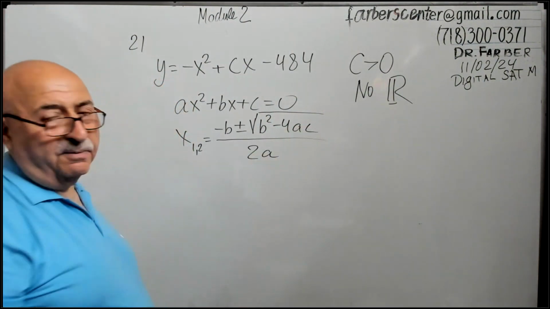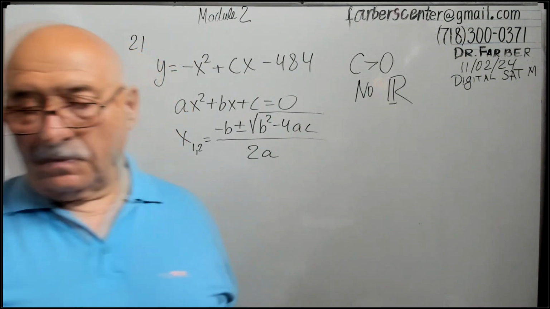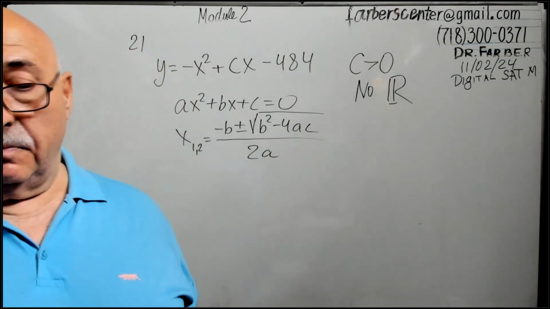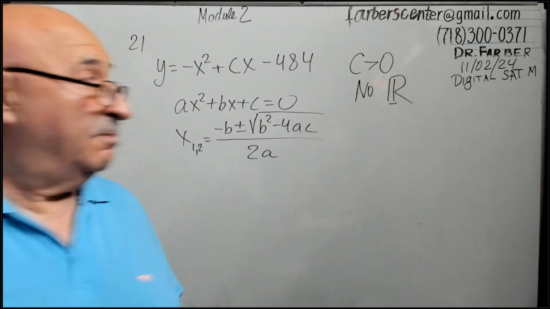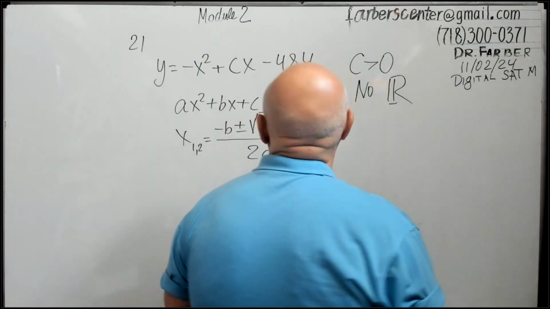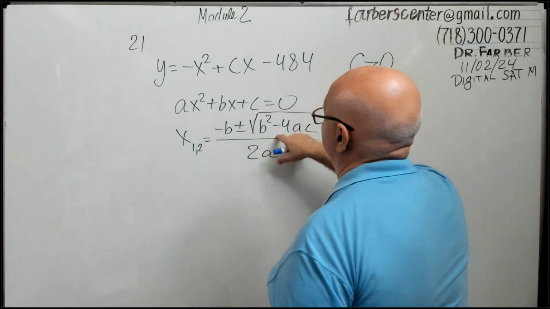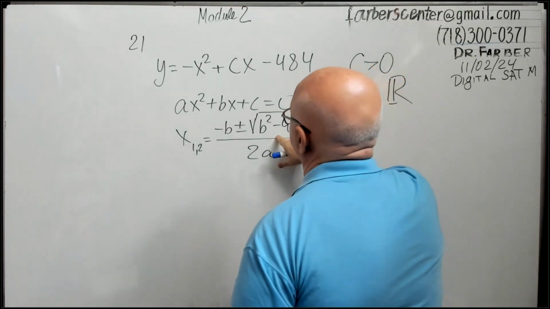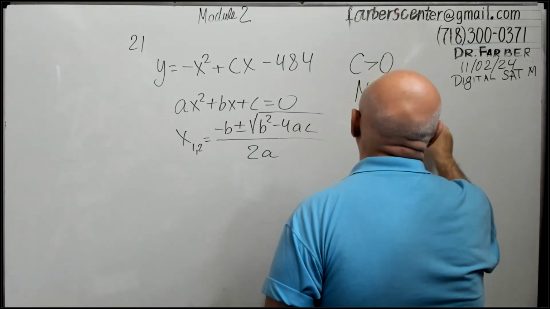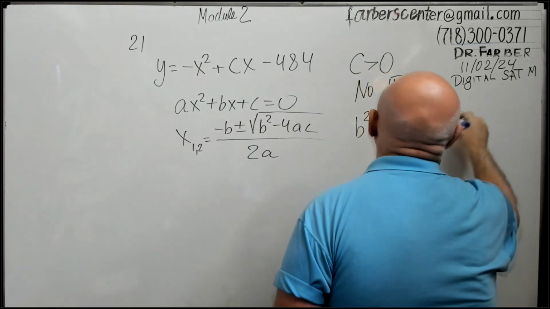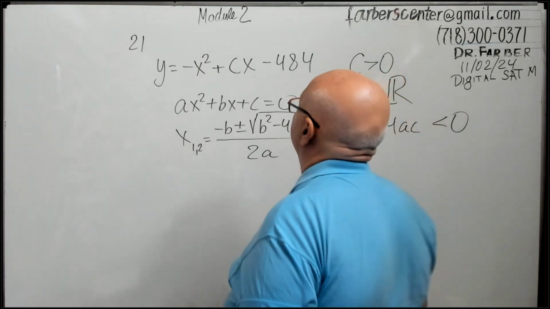Everybody knows, right? Come on, discriminant, right? There is no real solution when the discriminant under the radical is negative. So b squared minus 4ac, if it's negative, you cannot take the square root of a negative.